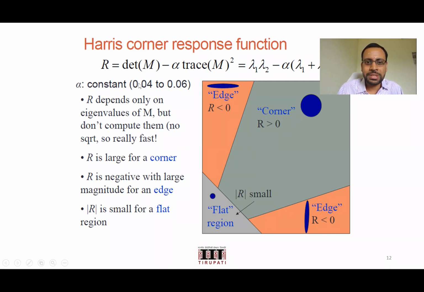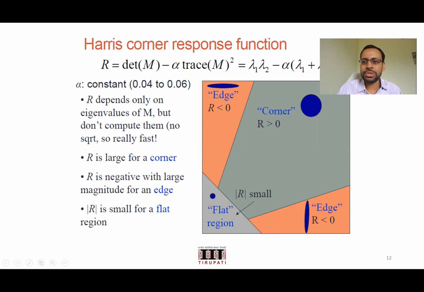Because of that, this is referred to as the Harris corner response function, which is defined as follows: you compute the 2 by 2 matrix M, and the response function R is defined as the determinant of this matrix minus alpha times the trace of this matrix, whole square.